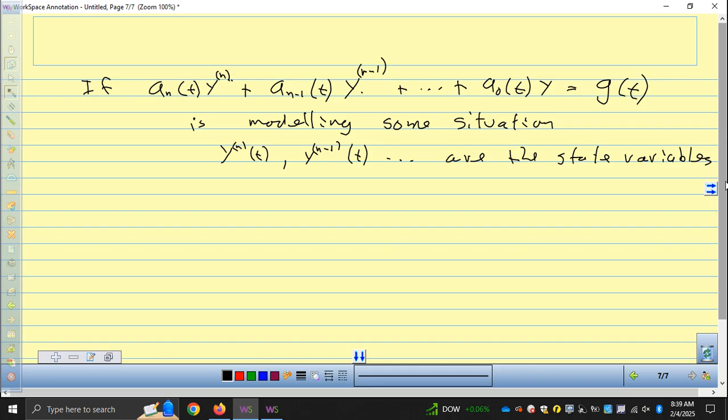What is the first derivative? What is the second derivative? What is the slope? What is the concavity? What is the position? What is the velocity? What is the acceleration? Etc. So those things describe the state of the system.